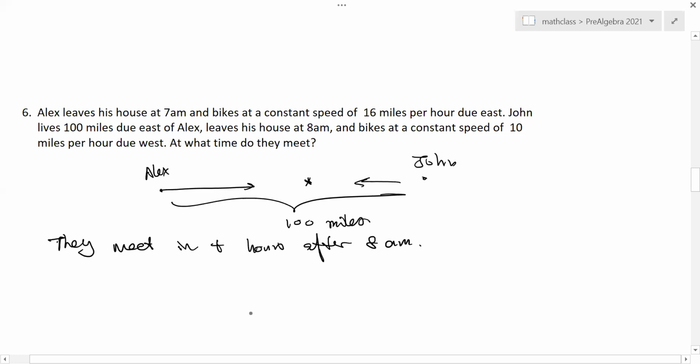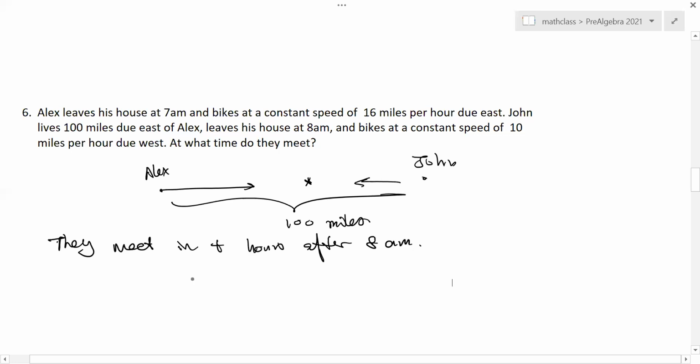Now, how many miles does Alex travel? Alex left home at 7 a.m., so t hours after 8 a.m., he has already spent t plus 1 hours at the constant speed.